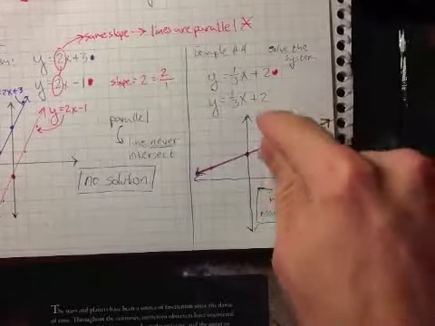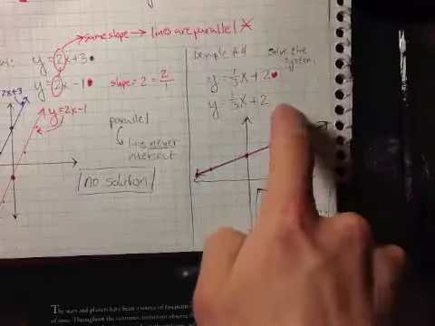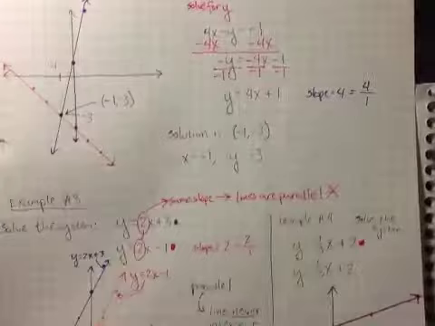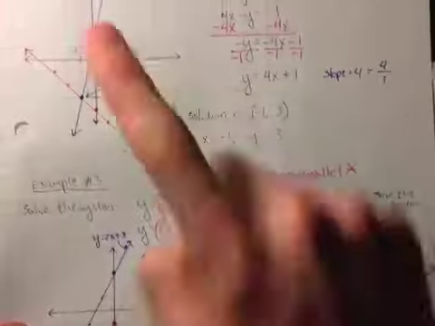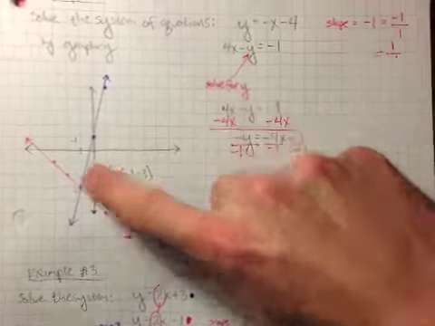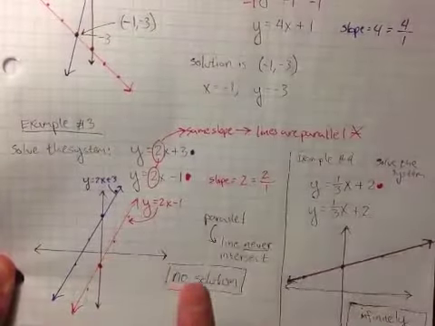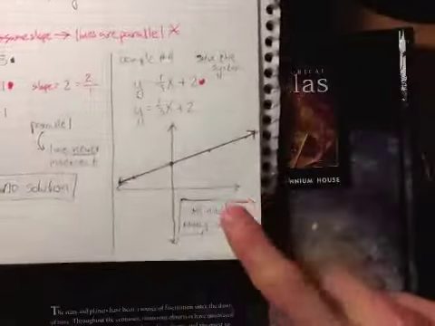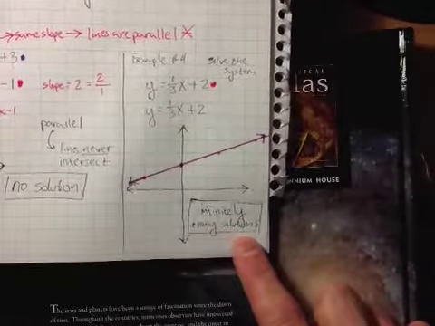It's not always going to be that easy, but I did want to show you all three of these possibilities. In this case, there is one solution. In this case, there's no solution. And in this case, there's an infinite number of solutions.